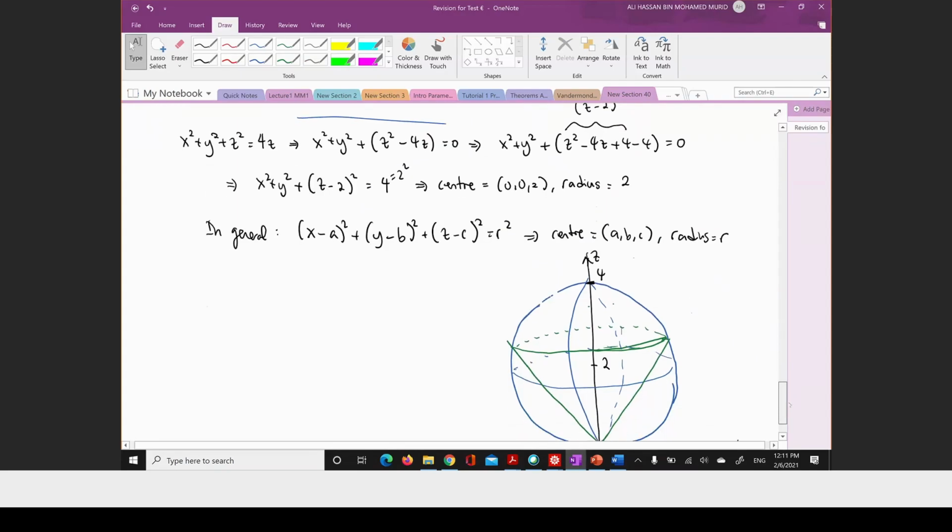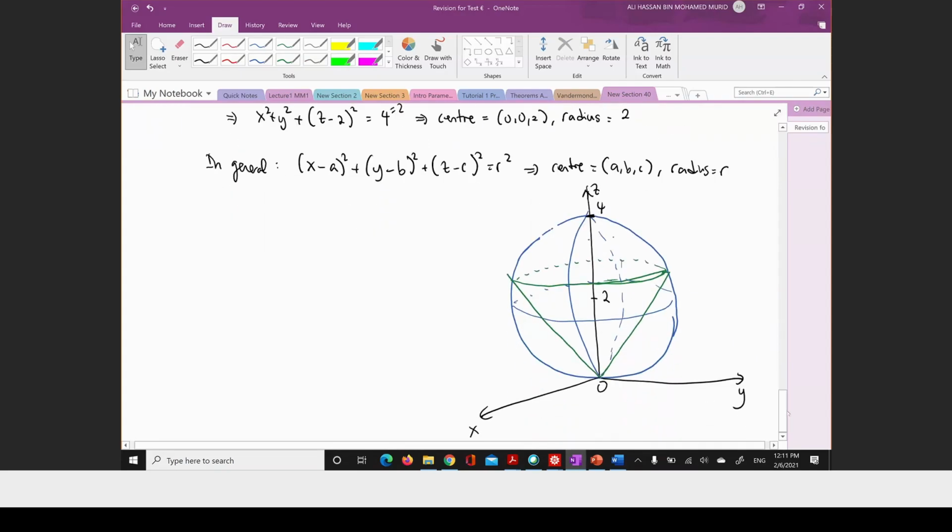That is an ice cream cone. But it is bounded below by the sphere.